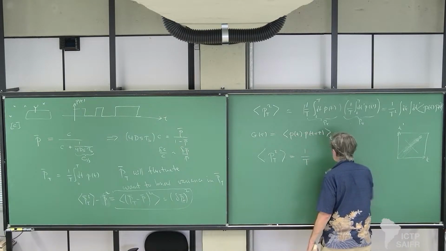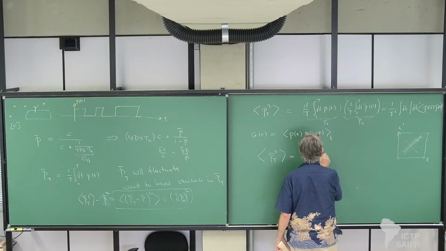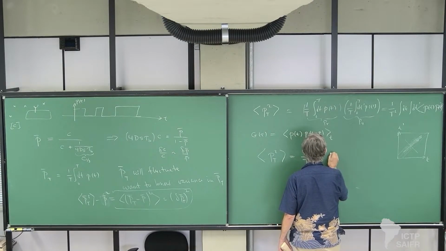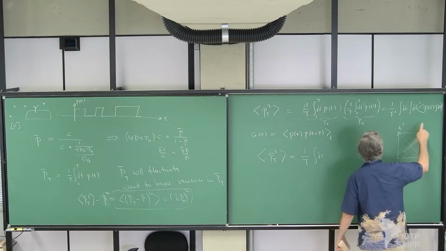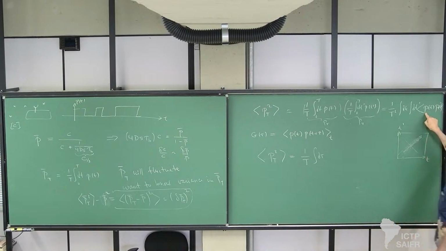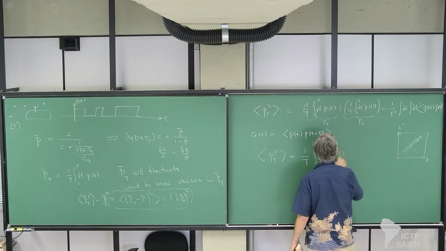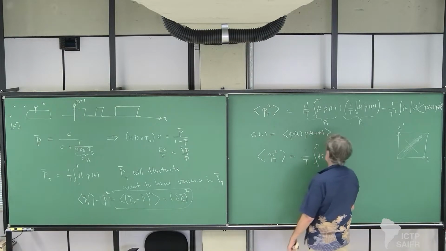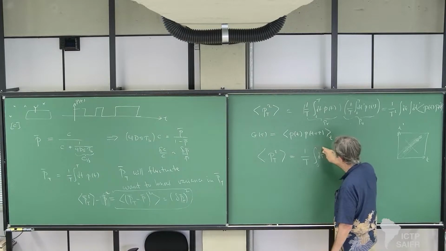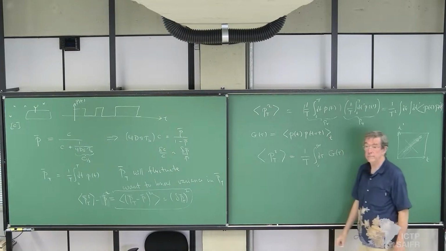And then I get to integrate over tau. But what I'm integrating is the correlation between the occupation number at two times that are separated by this amount tau. This is a big number, so it's like integrating over infinity.